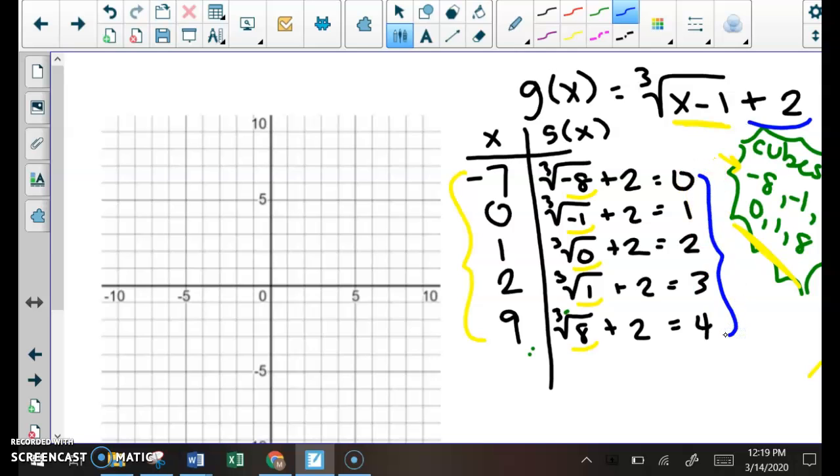Graphing this: (-7, 0), (0, 1), (1, 2), (2, 3), and (9, 4). Here is the graph of our cube root function. Remember, domain and range for cube roots are all real numbers.